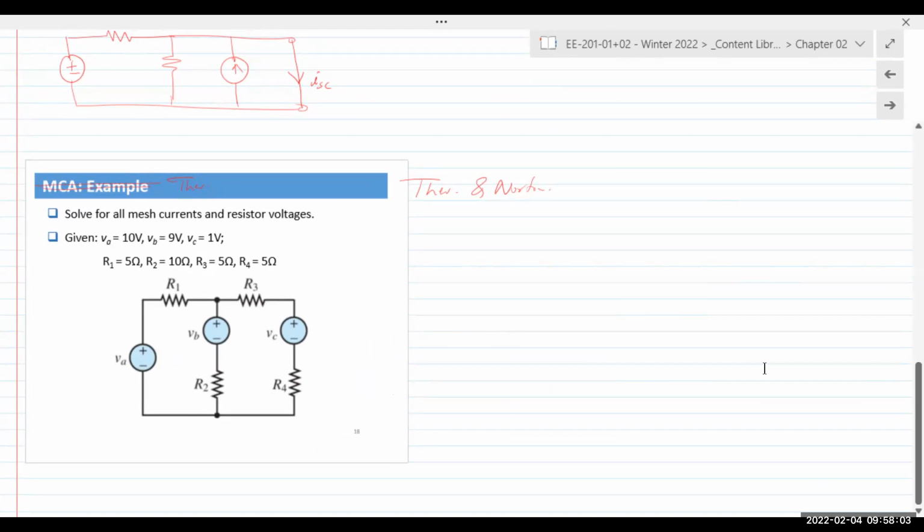So find the Thevenin and Norton circuit as seen by VC. So what's the first thing we do? We remove VC from our analysis. Okay. So now we remove VC from our analysis and the circuit becomes like this.